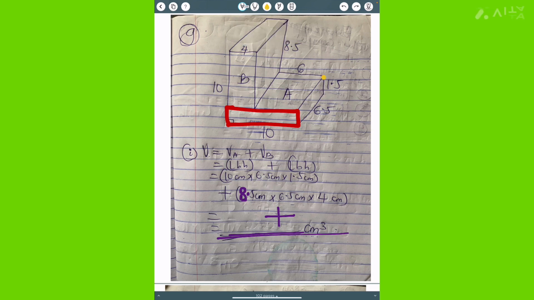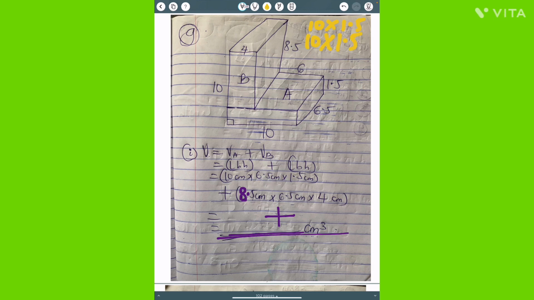This side is 1.5, this side is 1.5, and this side is 10. So 10 by 1.5 is one area. You keep it. There's another one on the other side, so there's going to be another 10 times 1.5.